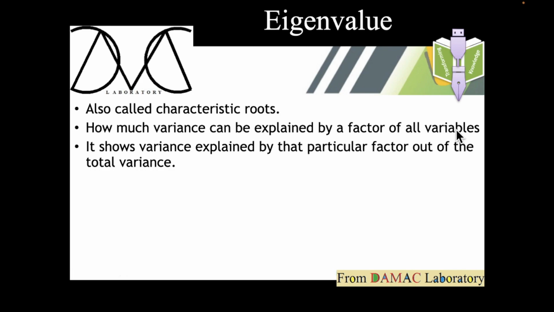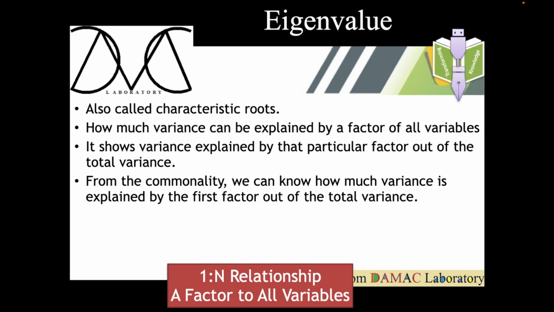It shows the variance explained by that particular factor out of the total variance. That means the common factor is present in that particular single factor. So how much of the total variance is explained by this particular factor? That's why a one-to-n relationship is present, that is, one factor to all variables.